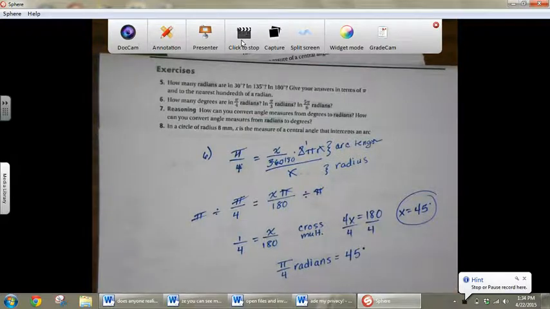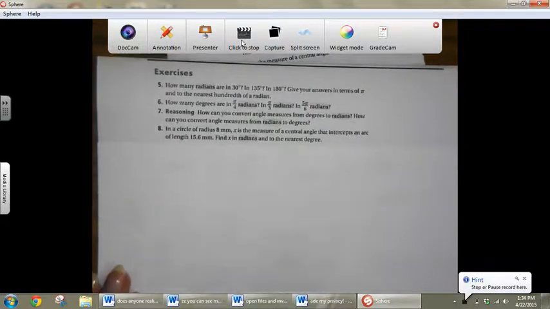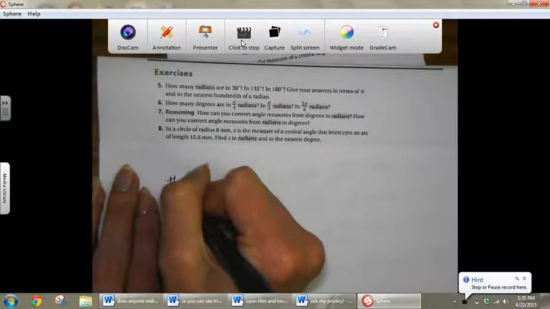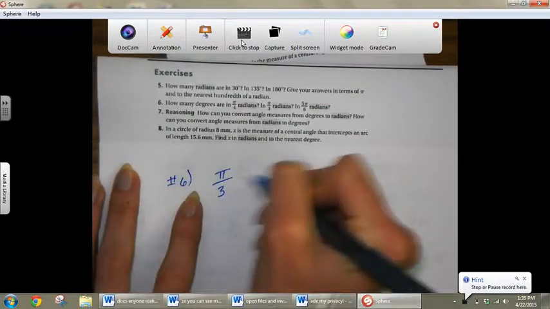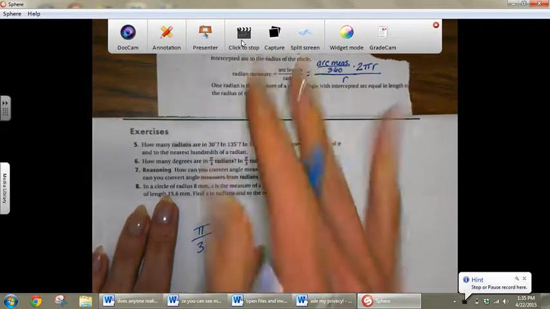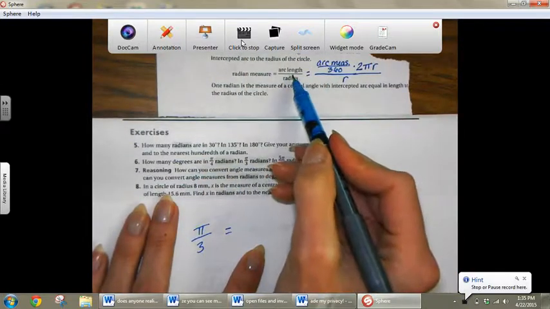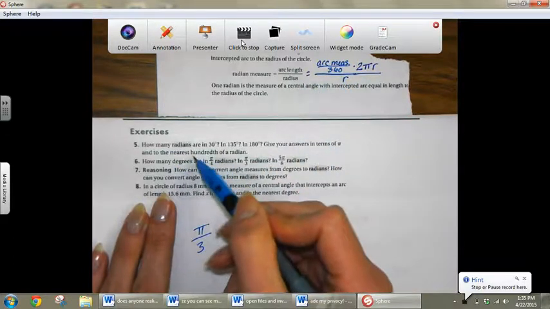Let's look at the next one, pi over 3 radians, still number 6. Pi over 3 is going to be equal to, now think about that formula for finding radians, arc length, which we're going to have to write out as arc measure, which is what we're trying to solve for, the degrees.